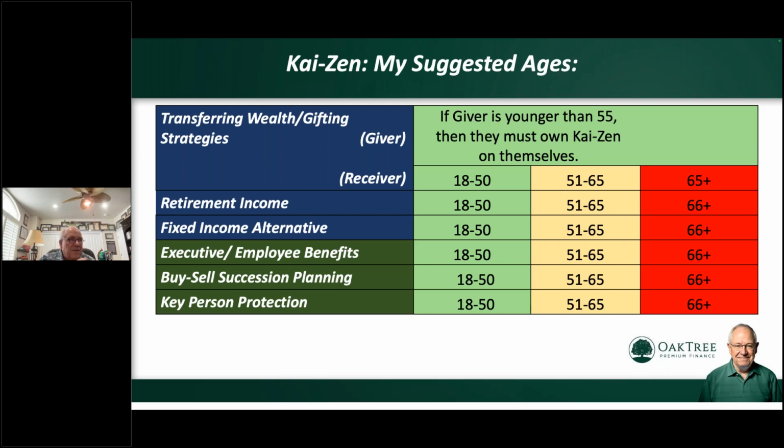I'll start looking at the retirement income, fixed income, executive employee benefits, buy-sell, key person, and even the receiver on transferring wealth. These ages are all the same. Let me go with the 66 plus first. That's in a bright red because the insurance companies will not issue this policy to anyone 66 or over. It's over with. Can we talk them into it? Nope, can't be done.